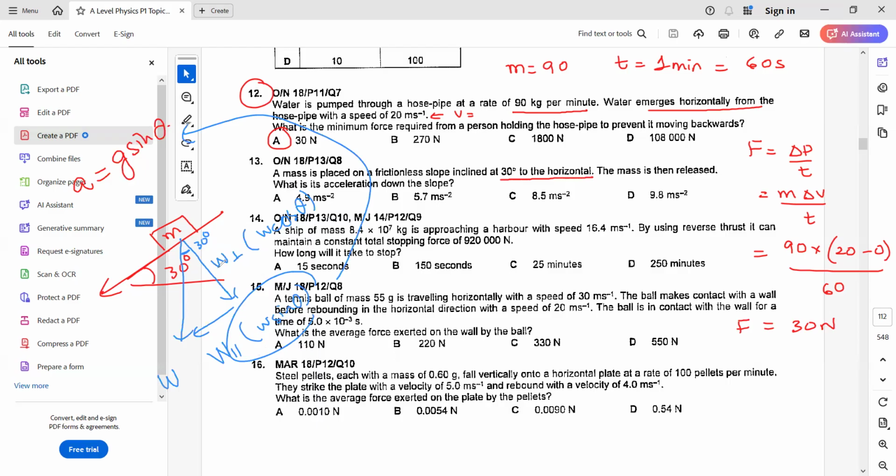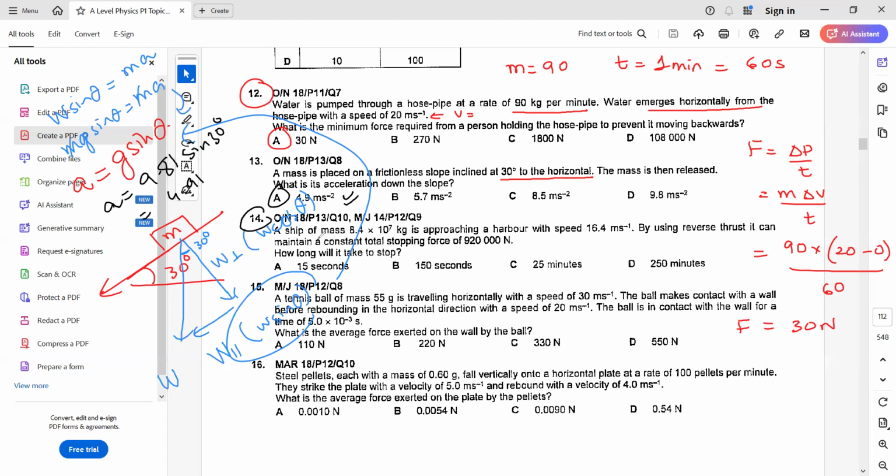So if I relate W sine theta to the resultant force, this becomes mg sine theta equals ma. m gets cancelled, so we get a equals g sine theta. So g is 9.81 times sine 30, which makes it half. So this would be somewhere around 4.91. So we have that as the answer.